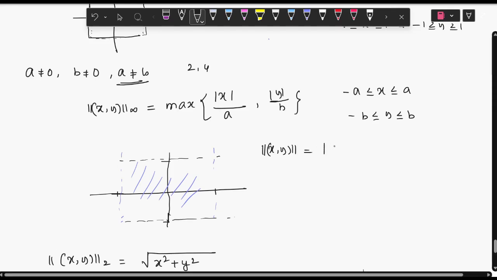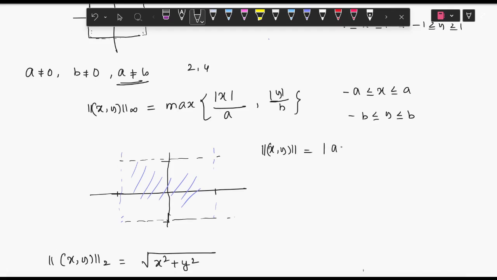the max of mod of ax plus by and mod of cx plus dy, if we take any four real numbers a, b, c, d. What I am doing is fixing these a, b, c, d, where a, b, c, d are fixed real numbers.